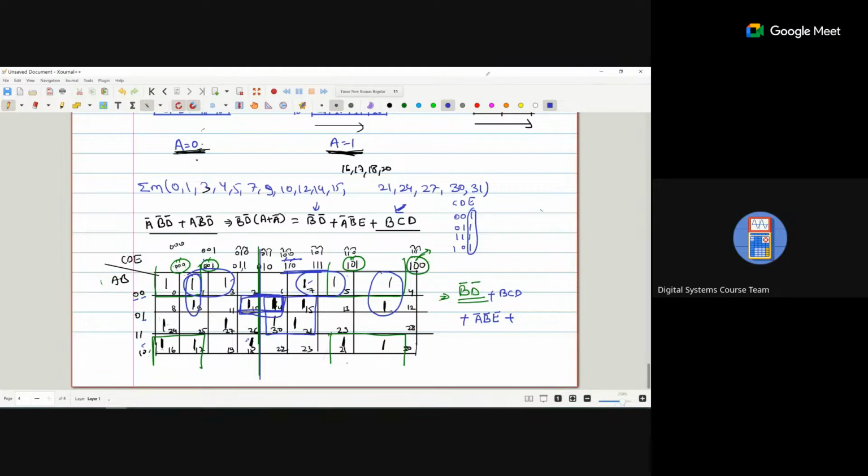For this one, this one is pending, this one is pending, and this one is pending. So one group is created, this one. This one and this one created a group, and similarly this one and this one created a group.